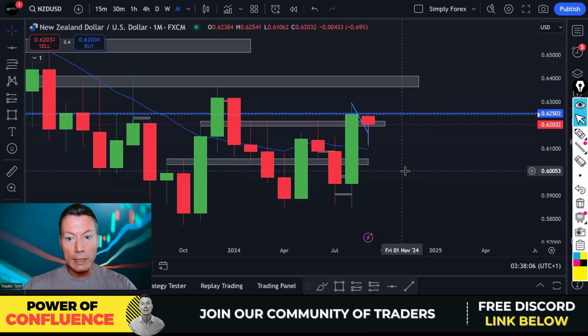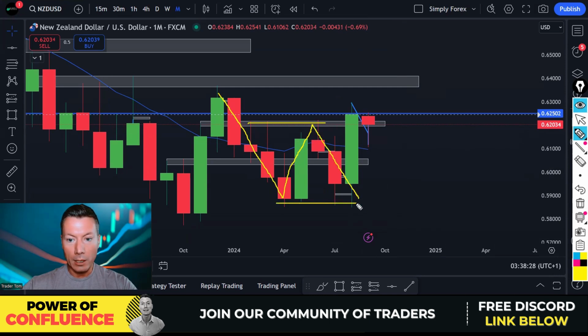And we're going to look at New Zealand dollar, US dollar. I wouldn't normally start on the monthly chart, but for the purpose of this exercise, we are, because I just want to show you how much confluence this trade has. So if you look at the monthly chart, you got this level through here. We were bouncing off that level, didn't make lower lows.